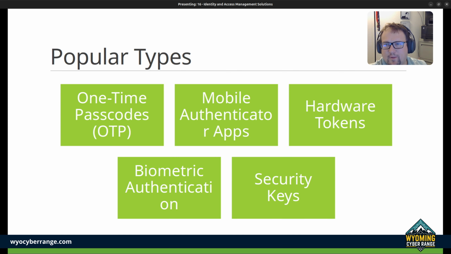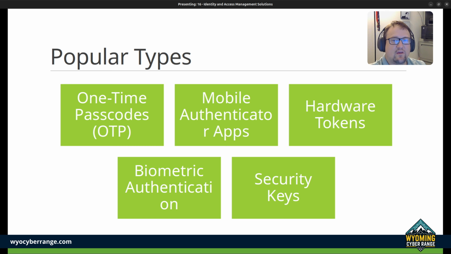Now, some of the more popular types refers to the implementations of MFA. Could be like authenticator apps. Think about Google Authenticator, Microsoft Authenticator, which generate a time-based one-time password, TOTP. Maybe a push notification where you have to click approve on your phone, SMS or text message, where it may be considered with a code.